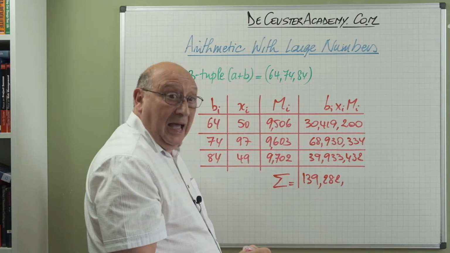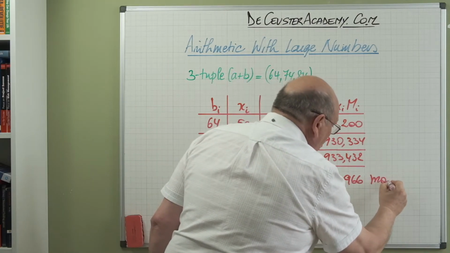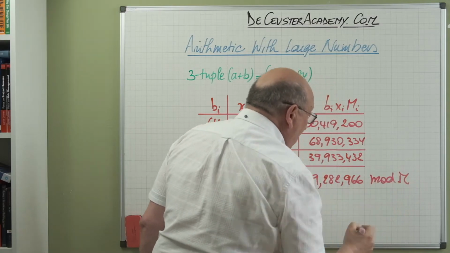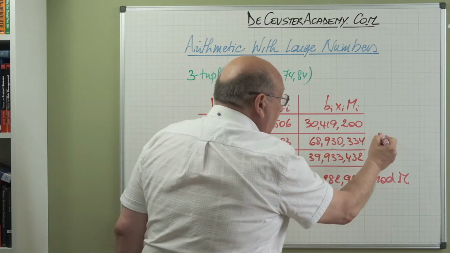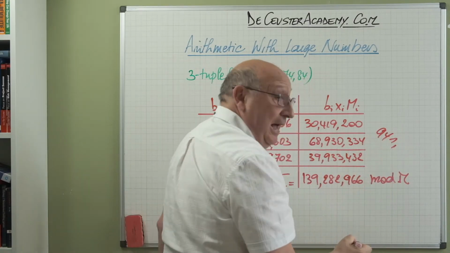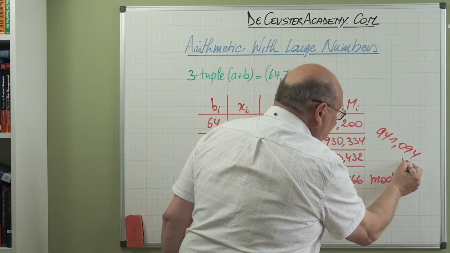139,282,966 modulus m. M being 941,094, that's m.